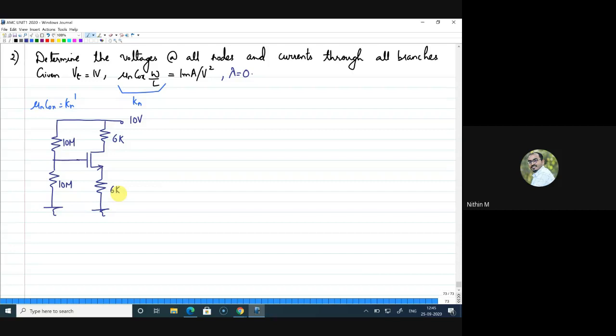So this is a common biasing. Just to explain what is biasing: you will have many electronic devices, and to make sure that they operate in a particular region... in the previous examples I took a MOSFET and directly marked 3 here and 2 there. But we cannot use multiple supply voltages when you actually implement a circuit.